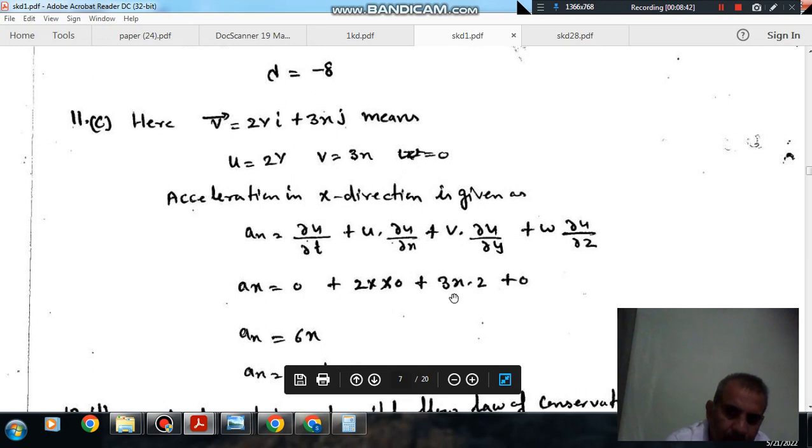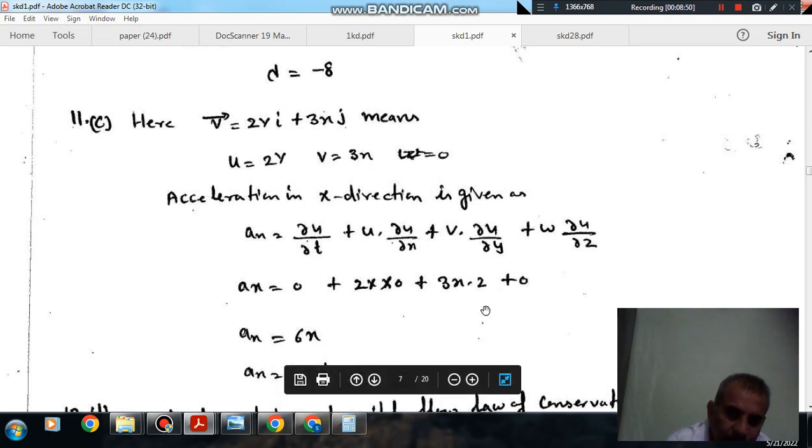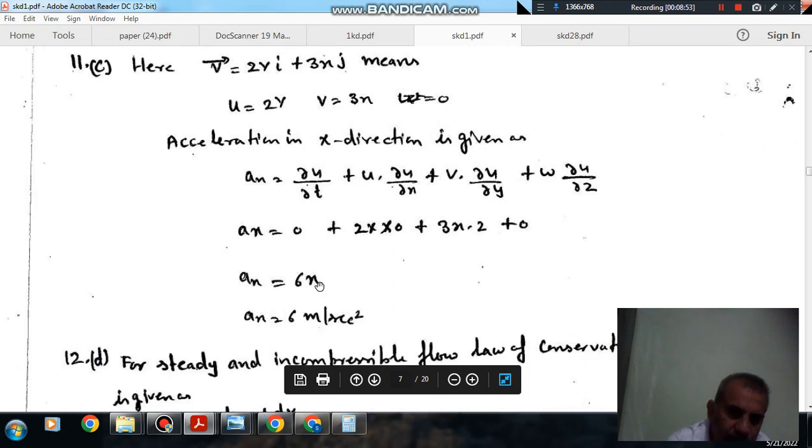And v is your 3x, and ∂u/∂y is 2. And w is 0, so acceleration in the x direction is 6x.